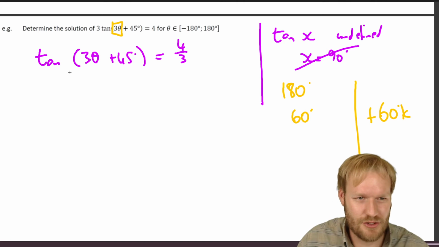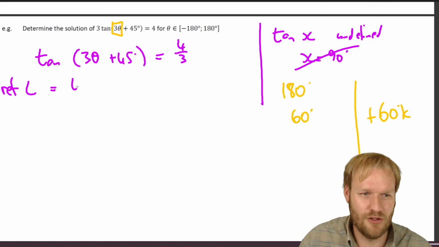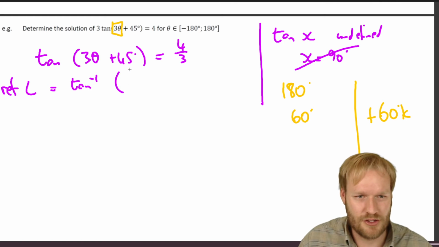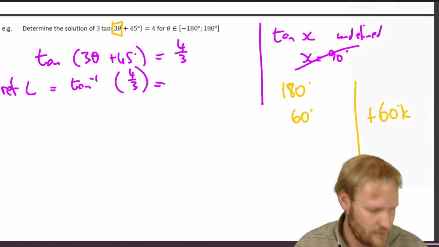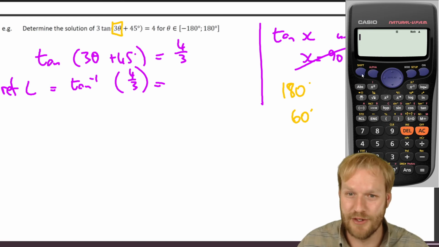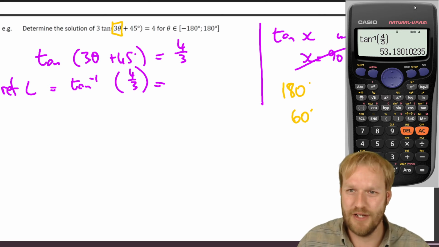So let's do this though. First of all, we get our reference angle: shift tan of 4 over 3, and we go along there, and there it is, 53.